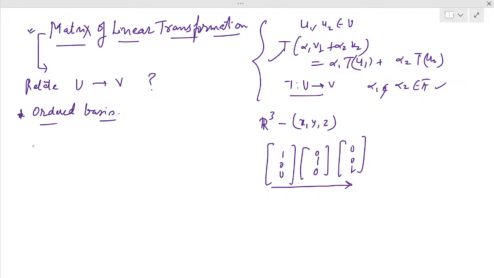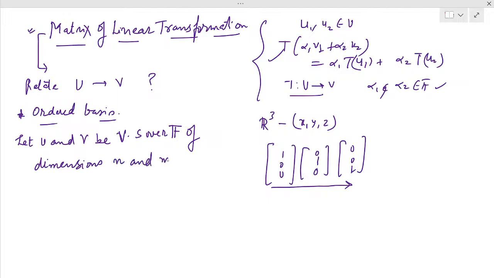Let me formally write that let U and V be vector spaces over field F, of dimensions, let us keep it general, n and m respectively.